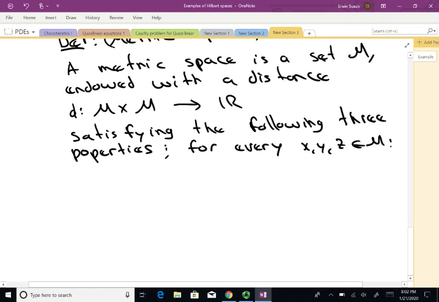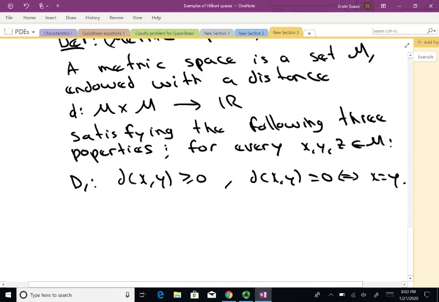So first, property of distance: the distance of two elements must be bigger than or equal to 0, and the distance of two elements is 0 if and only if x equals y. Property 2 of distance: the distance from x to y is the same as the distance from y to x, right? And property 3 of distance.